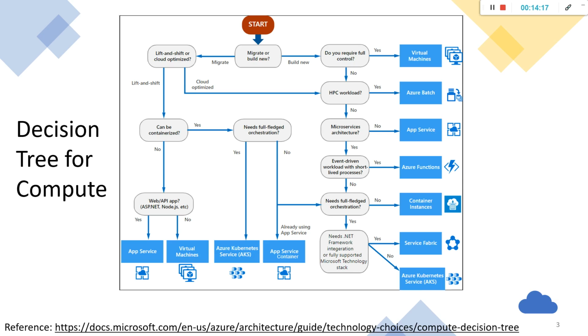If it is a microservice architecture, then we can choose several options. If it is an event-driven workload, suppose any event happened on Event Grid, or a storage account, or Service Bus, then we can trigger it.